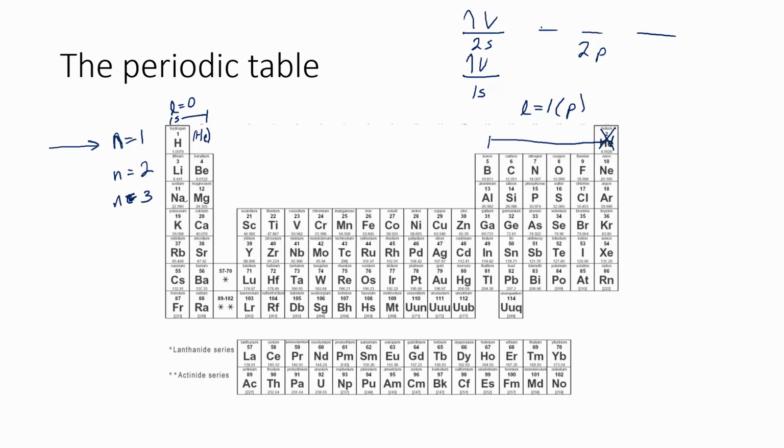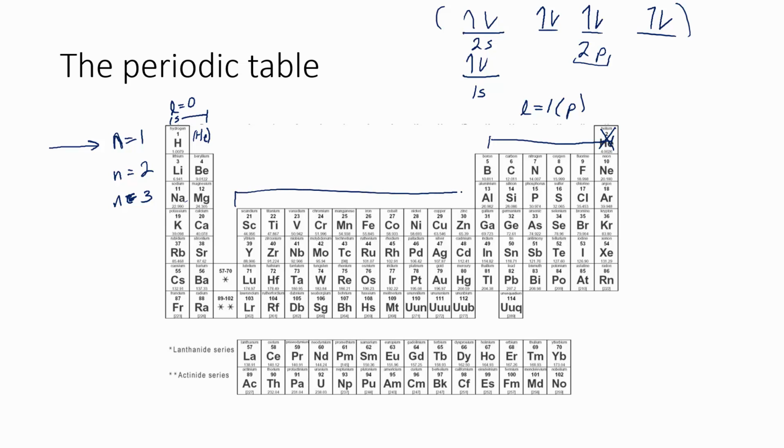So boron would have the 1 electron. Carbon would have a second one at l equals 1, or 2p. A third one for nitrogen, a fourth for oxygen, a fifth for fluorine, and a full valence shell now for neon. Okay? So all we have to do is look at the periodic table and see how this is laid out.